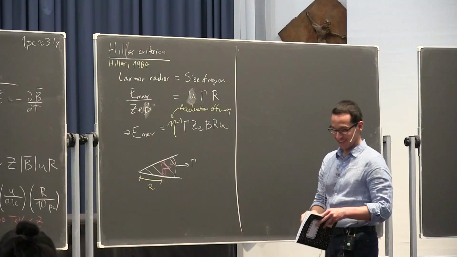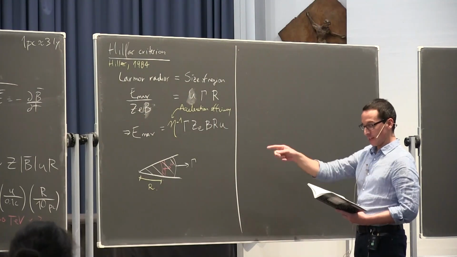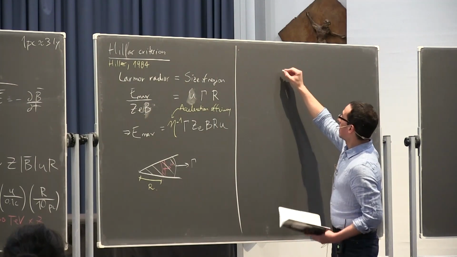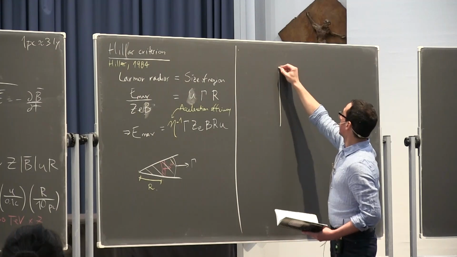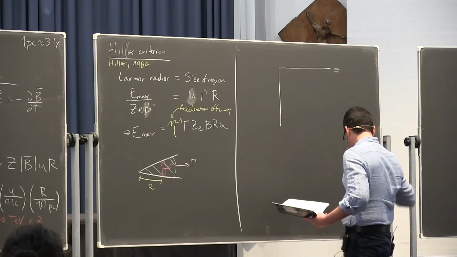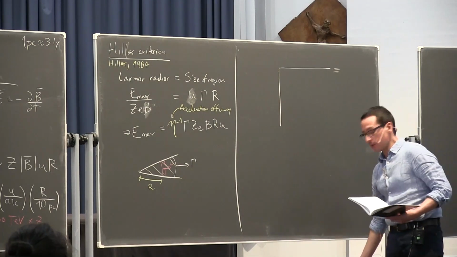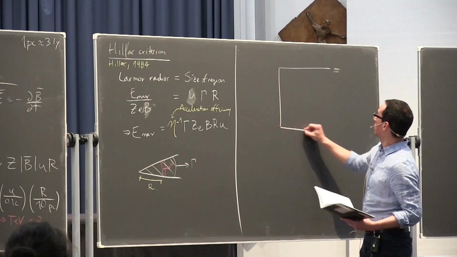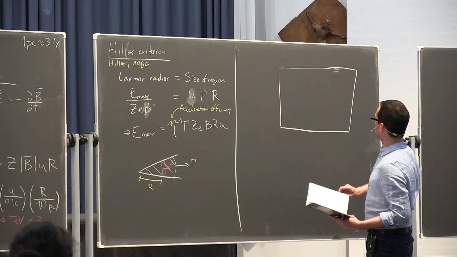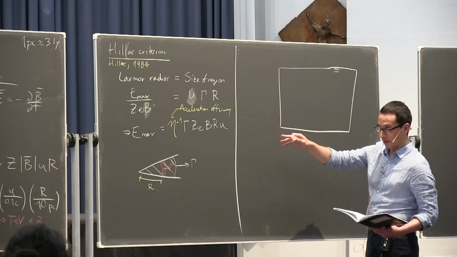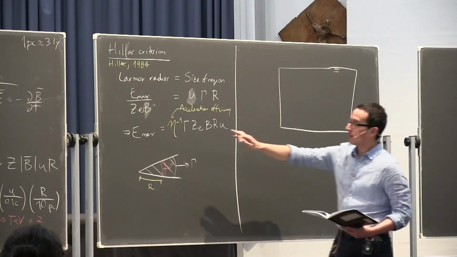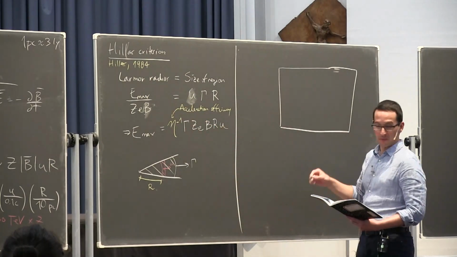Okay. So together with that, now we can make a plot that allows us to map in terms of magnetic field and size where the different candidate sources of cosmic rays could be for some required maximum energy that we are interested in.